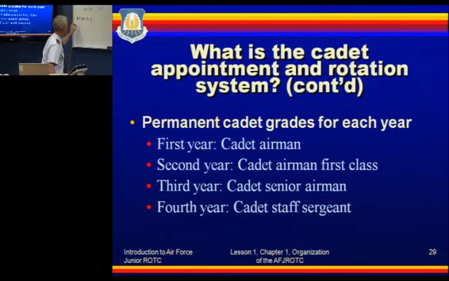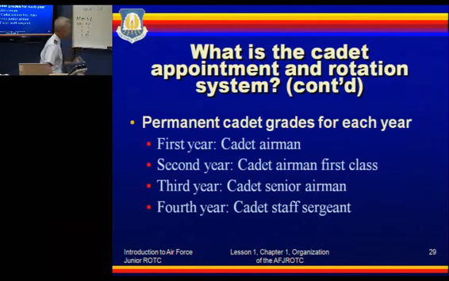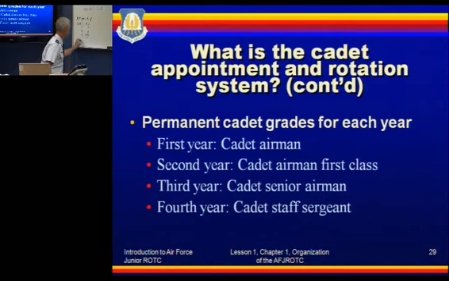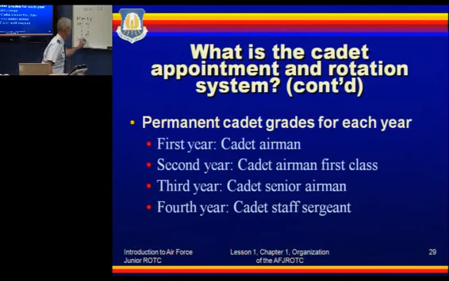And basically, quarter 1, 2, 3, 4 is the same thing as E1, 2, 3, E4. And to get those ranks, you have to pass my class and do all your community service. So basically, it's a passing grade equals a promotion.